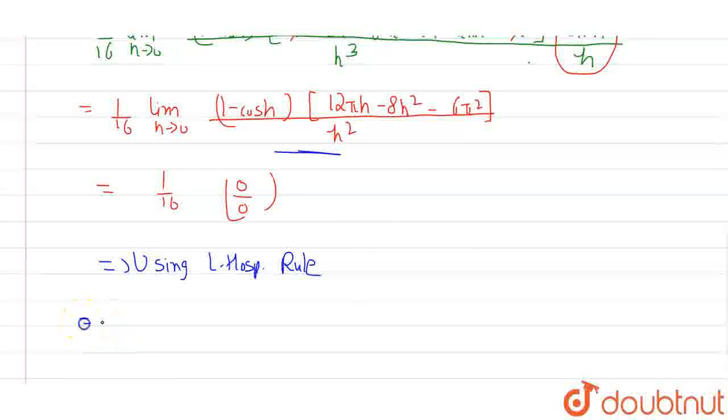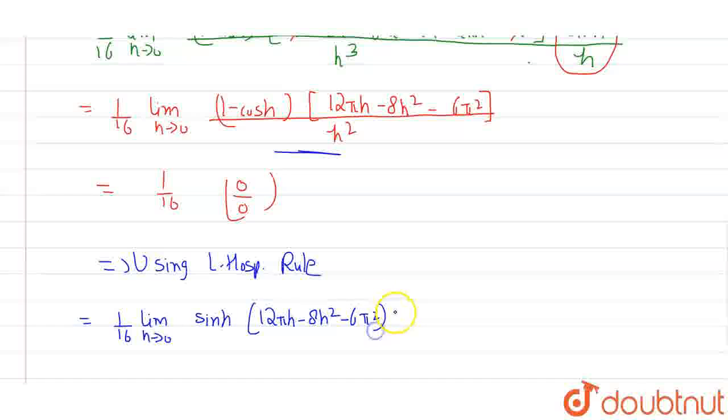It can be written as 1 by 16 limit h tends to 0. We will first differentiate 1 minus cos h, which will become sin h, and here for 12 pi h we are using the product rule: 12 pi h minus 8 h square minus 6 pi square as it is, plus again 1 minus cos h as it is.